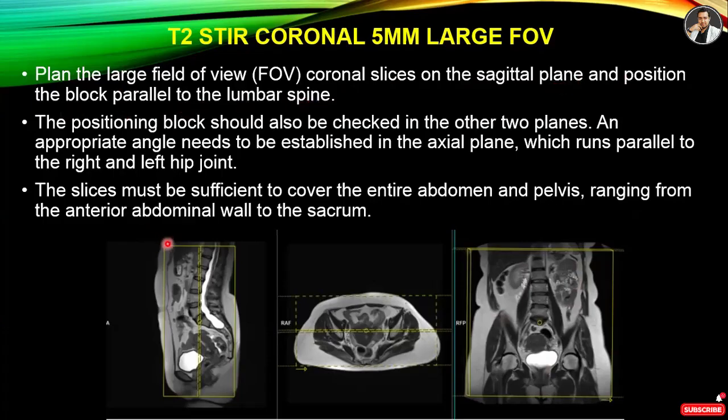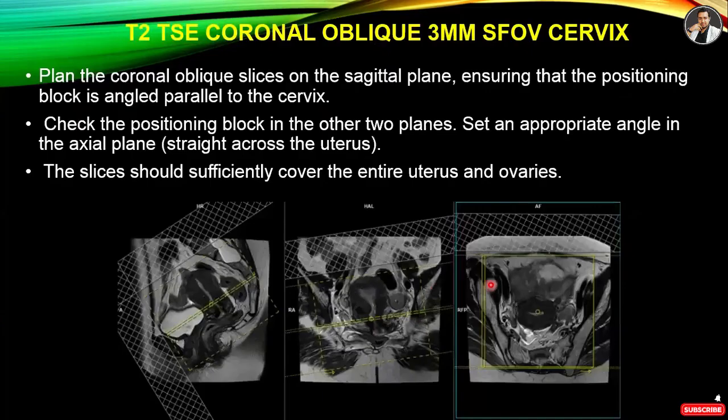That is, I will give the image on the sagittal plan and the slices will be parallel to the lumbar spine. Now, this field of view can be mapped to approximately 400 to 450 mm. And what I showed before, the cervix, this field of view will be from 200 to 300 mm. You can see the resolution of this image.